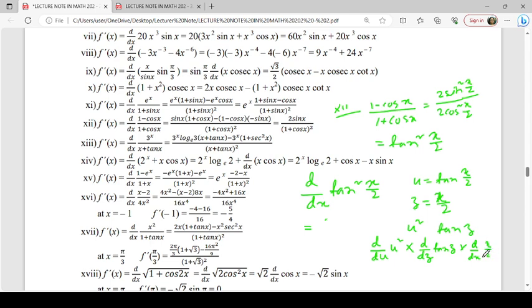So this is the chain formula. First we consider the square function, then the tan function, and then x by 2.